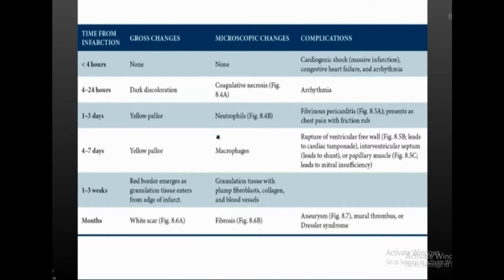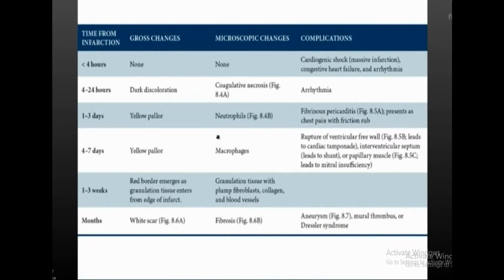In cardiogenic shock, there is a disturbance in the blood pressure, and congestive heart failure leads to a decrease in ejection fraction. Arrhythmia occurs because of the conduction pathway. The conduction tissues didn't get enough blood, so there is a dysfunction of the conduction pathway. This will lead to arrhythmia.